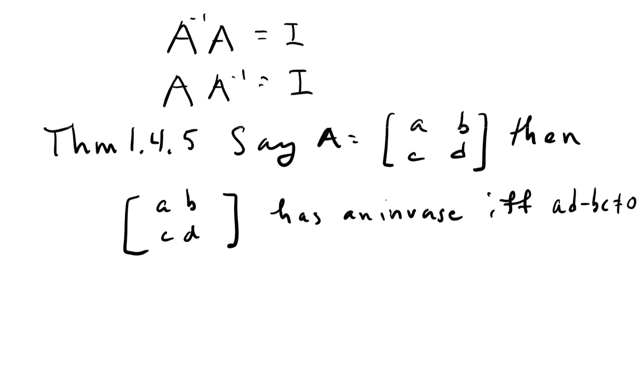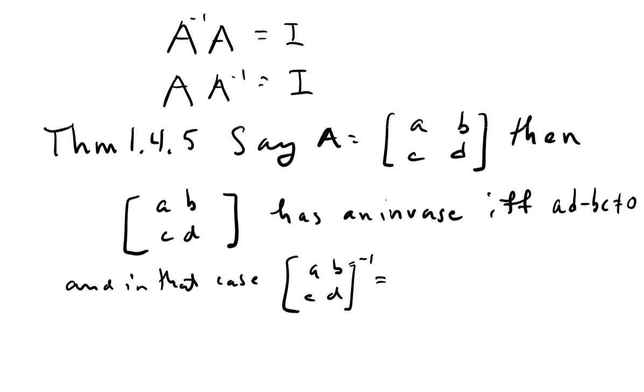And I'll give some geometrical meaning to that equation here. And in that case, I can calculate the inverse of my matrix, and here's the formula. It's 1 over AD minus BC, which is non-zero because I assume it's non-zero, so I can divide by it.